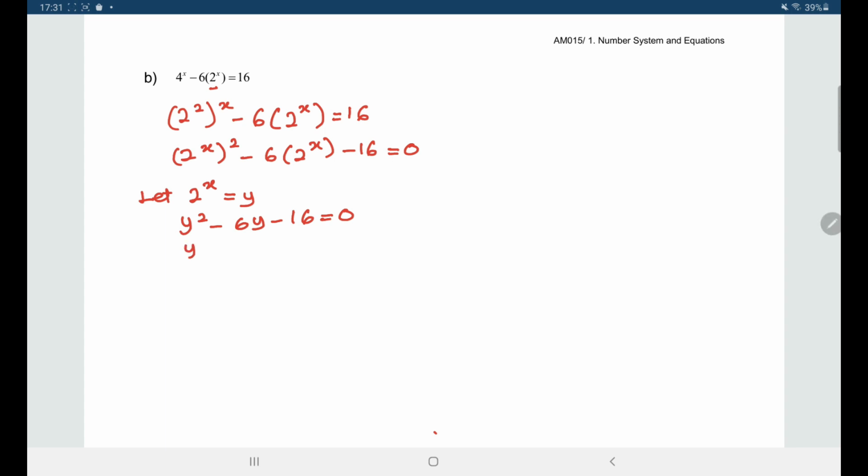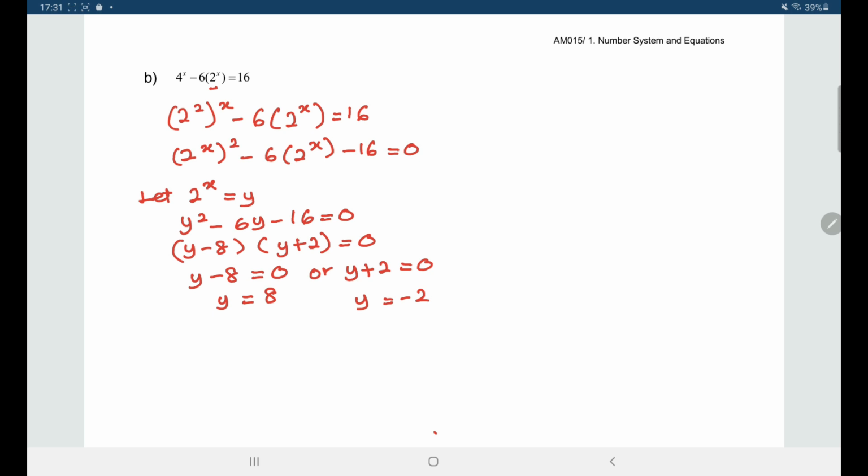We get y minus 8 times y plus 2 equals to 0. Then we find y. y minus 8 equals to 0, y equals to 8. Or y plus 2 equals to 0, so y equals to negative 2.